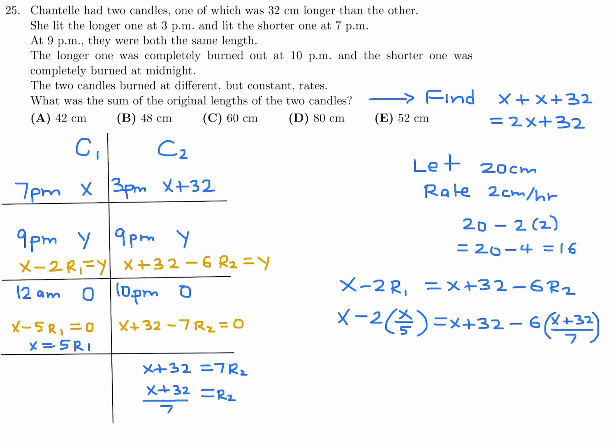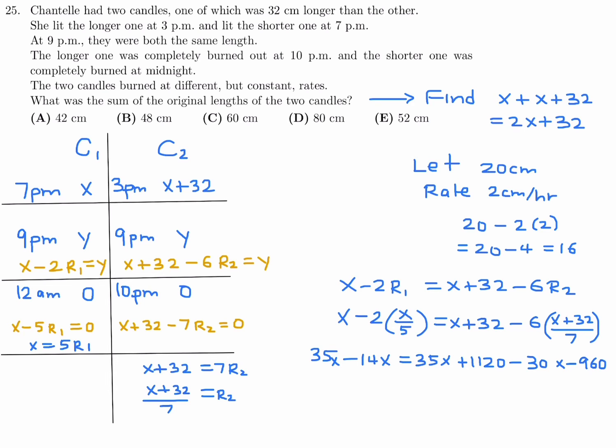Multiply everything through by 35. That'll help get rid of both fractions. And if you do, you get 14x, and this will be 35x, like that, plus 1120 minus 6x plus 30x minus 960.